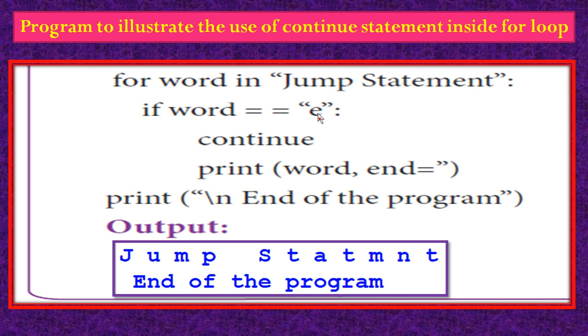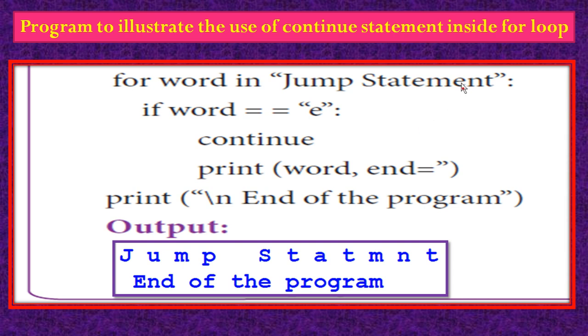The first iteration is J, the second is U. Similarly, when it reaches 'e', word equal to 'e', so continue is evaluated. The print word statement is not evaluated now, so the control transfers to the next iteration of the for loop, that is M. So M is printed here; e is not printed.